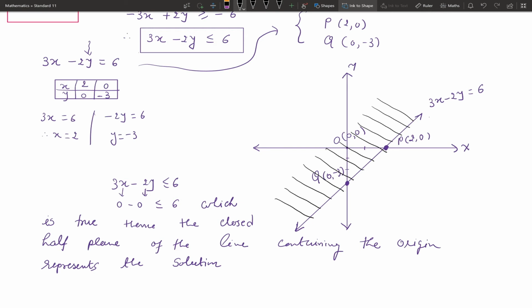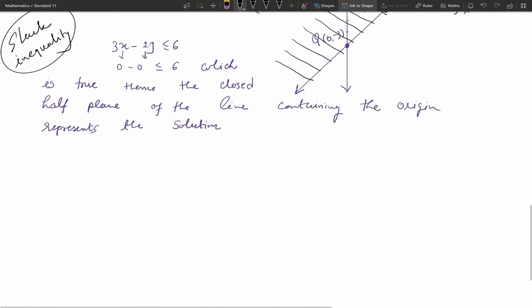And also you can note that the line is continuous, or in other words a dark line, since the inequality is a slack inequality. So there will be a continuous or dark line. Next example.